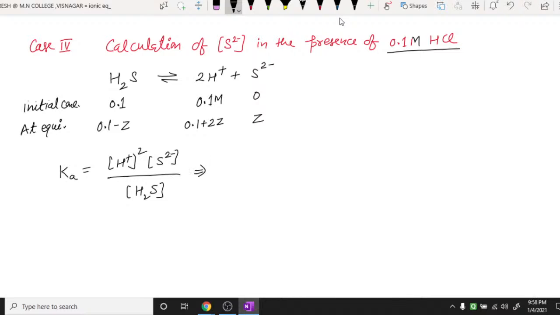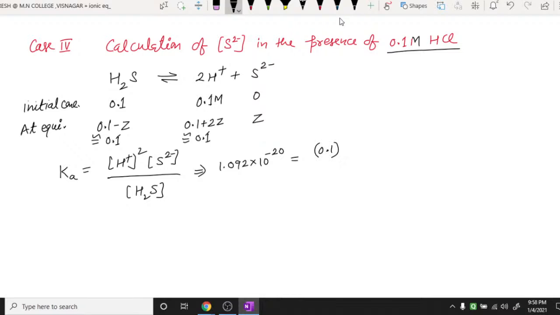So Ka is same, 1.092 into 10 raised to power minus 20. Now say 0.1 minus Z is round about 0.1. Again it is 0.1. Now it becomes very simple question.